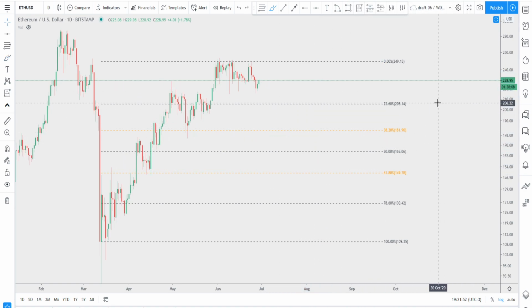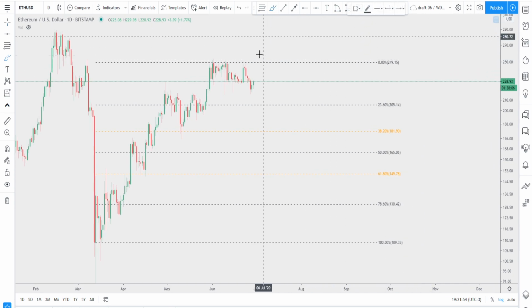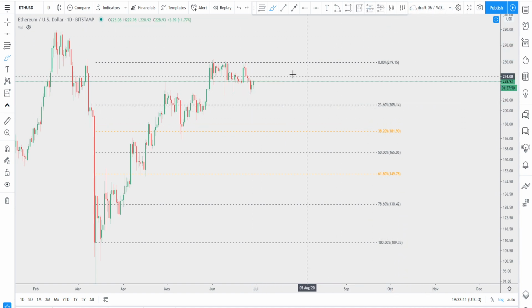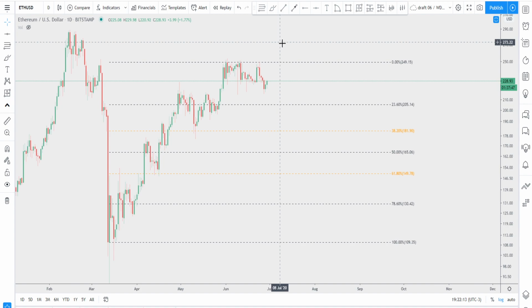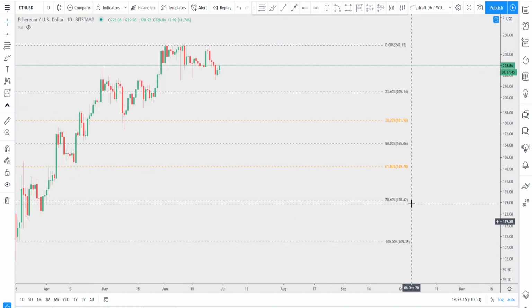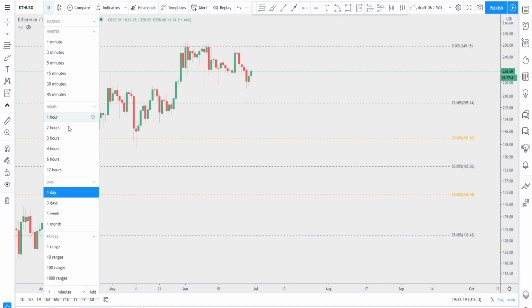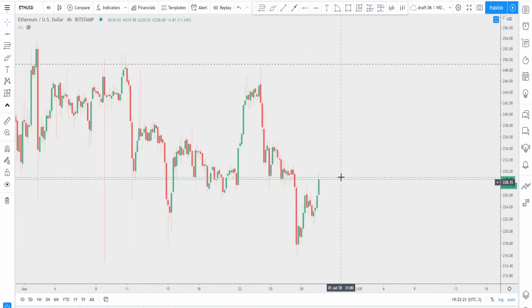Or because we know risk assets are still bullish, but yet they need a healthy pullback before a healthy continuation, it can be something like this. And for this scenario that I didn't acknowledge before, let's go to the 4 hours. It's more clear.